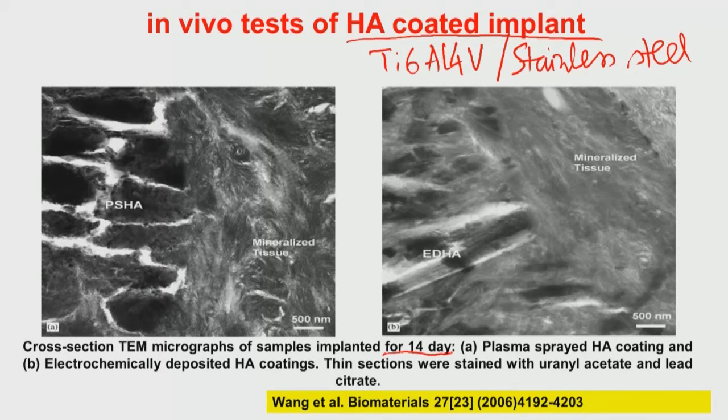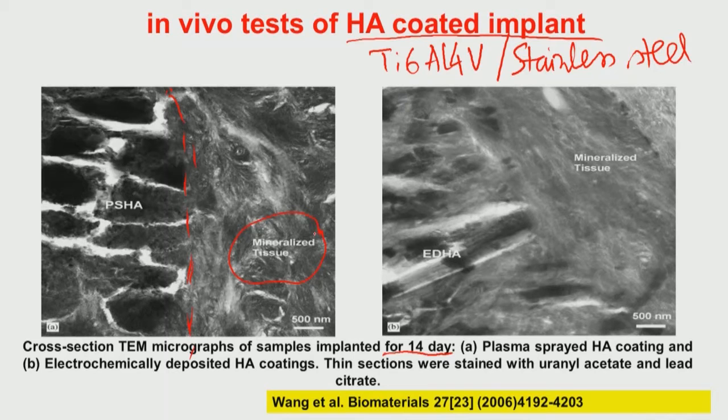Now, what you see here, if you consider the left one, PSHA stands for plasma sprayed hydroxyapatite coating. There you can very clearly see the evidence of this bone tissue material interface, and also you see clear features of the mineralized tissue.